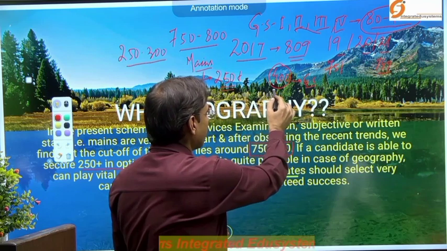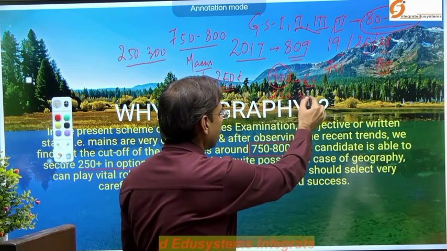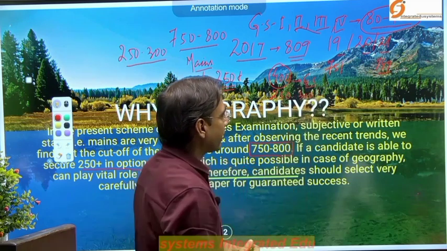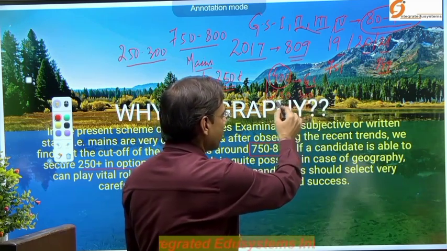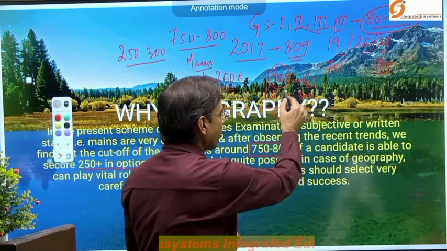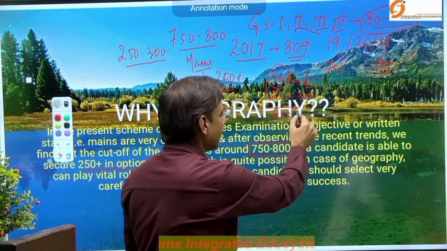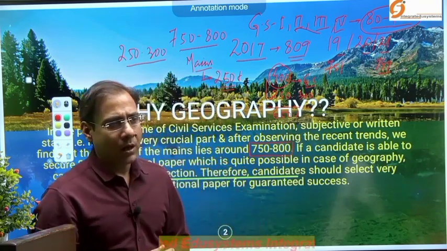So if you score 400 marks in general studies, and in the optional you score more than 250, say between 250 and 300, then your journey will be easier. If you score 250 in the optional, that makes 650. Then there is the essay paper, out of 250.